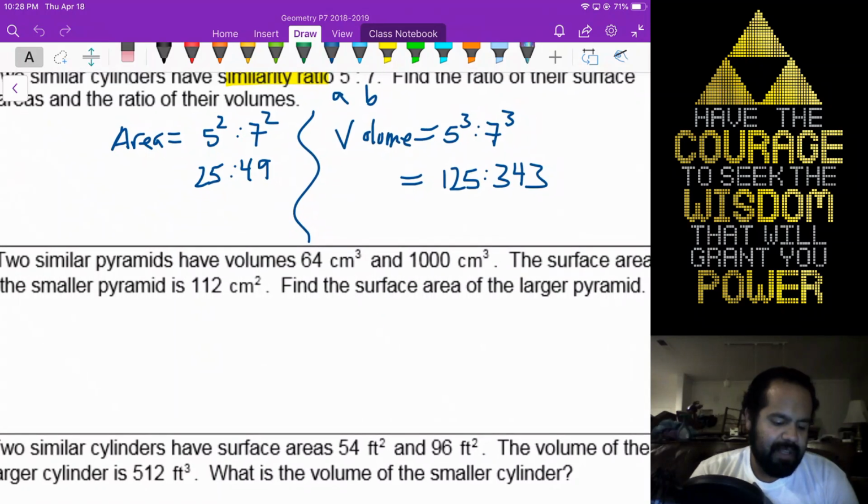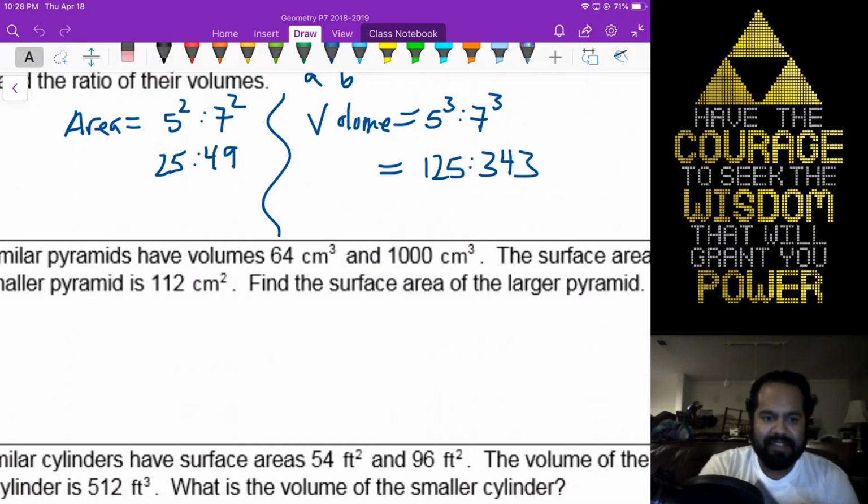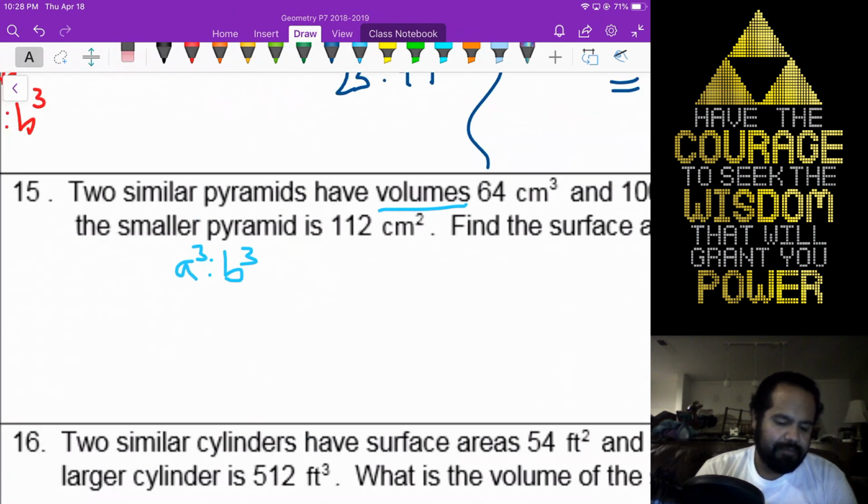Right, so two similar pyramids have the volumes of 64 and 1,000. So right away, volume, you need to think to yourself, okay, what does my volume need to look like? You're thinking, oh, this is A cubed, B cubed. Volume is written in cubic units, so it should be cubed for your variables.